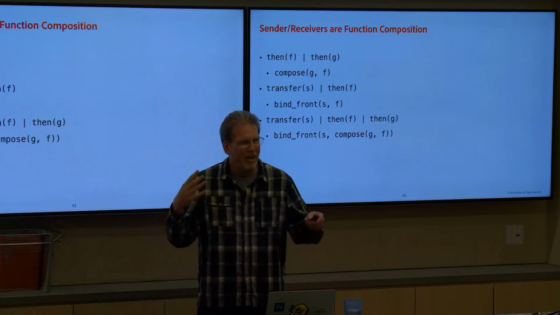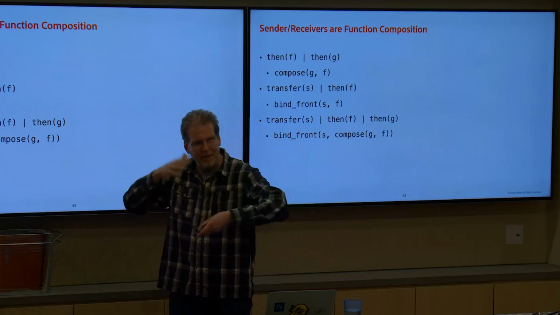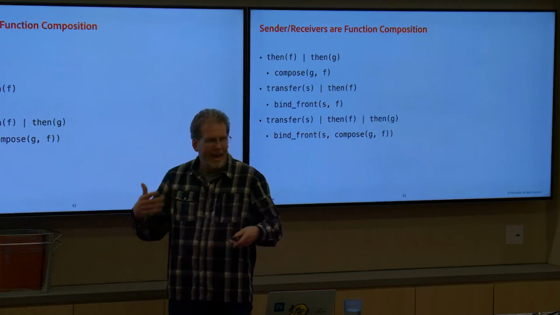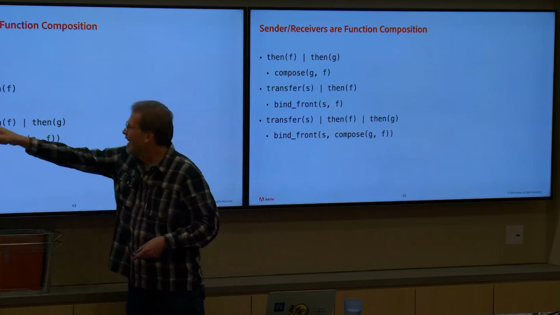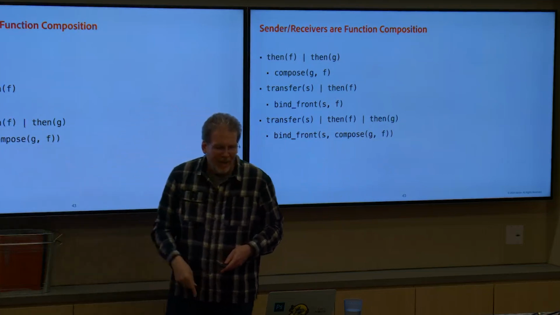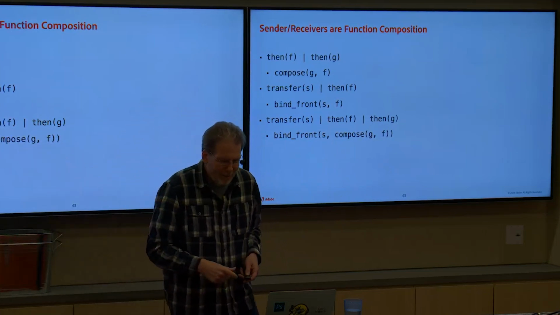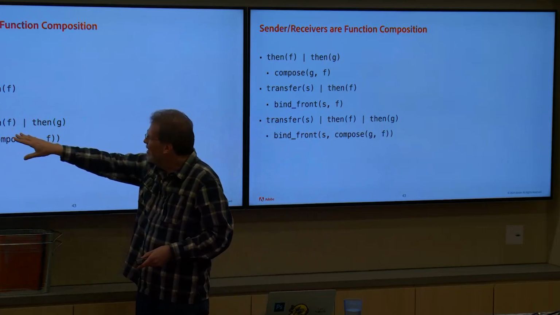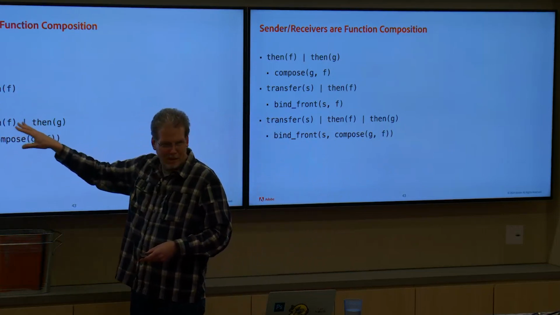And I said, well, what do you call a pipe thing, something that you can pipe something to that can also be piped to the next thing? And he's like, we don't really have that. And I'm like, yes, you do. What is then? What is then F? And what he came back and told me is he said then F is a sender adapter closure.